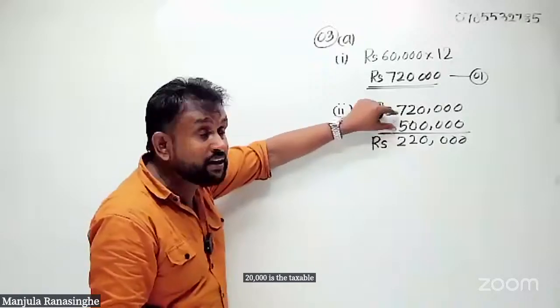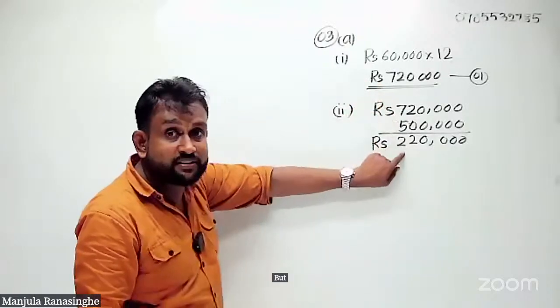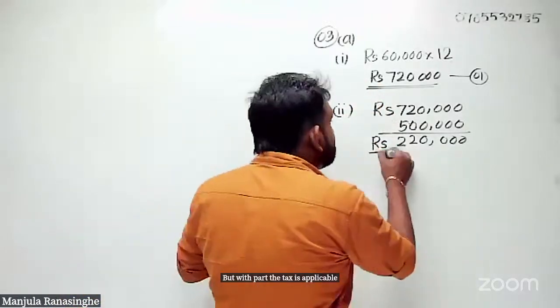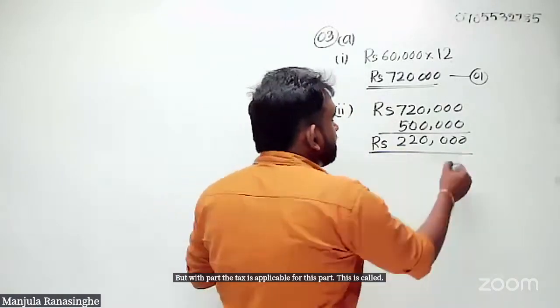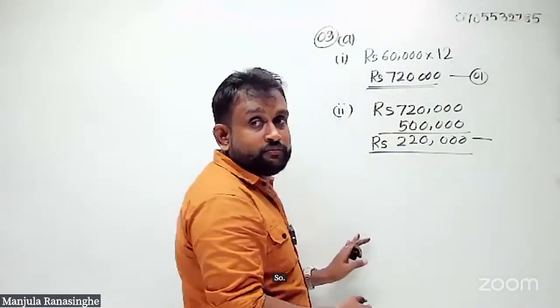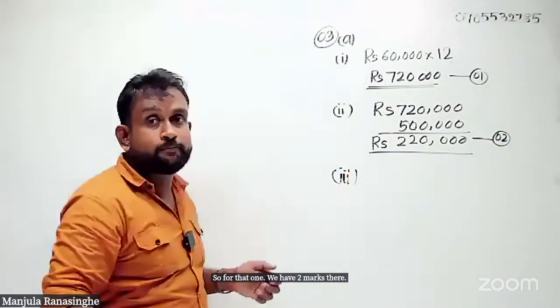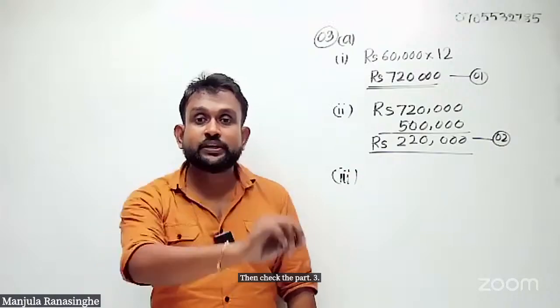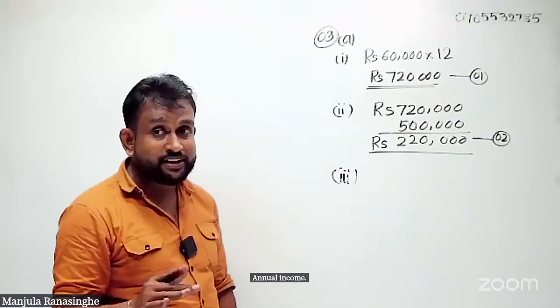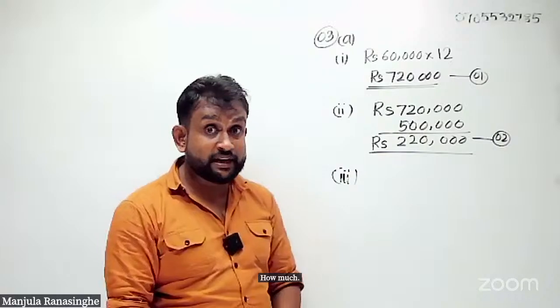This is called the taxable income, the part for which the tax is applicable, so we have 2 marks there. Then check part 3. If the annual income tax rate is 4%, how much should he pay as income tax?